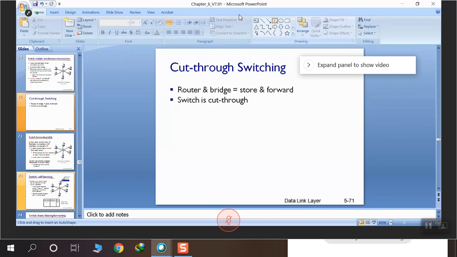It's a temporary memory where you can store the packet. What is basically cut-through switching? Cut-through switching says that if the link here is empty, that you can see no transmission is going on here, directly bring this packet and start transmitting.